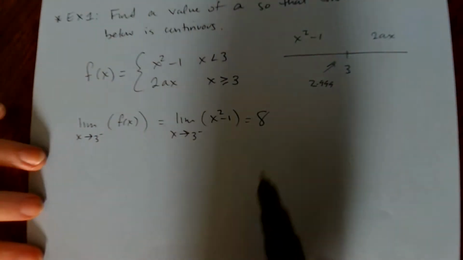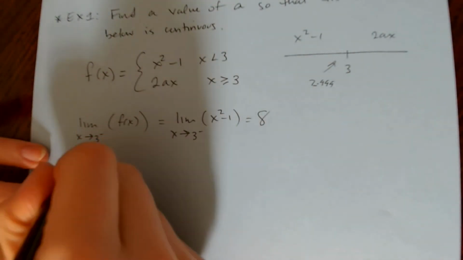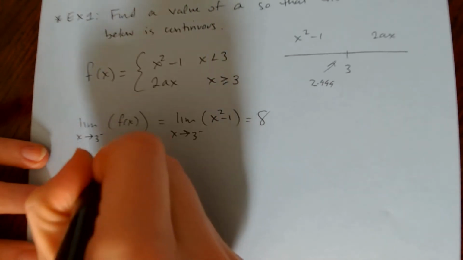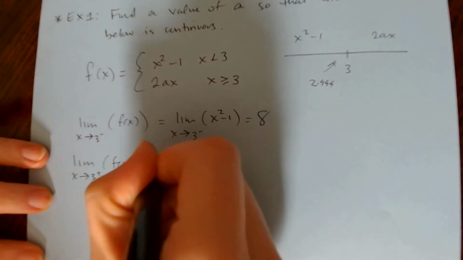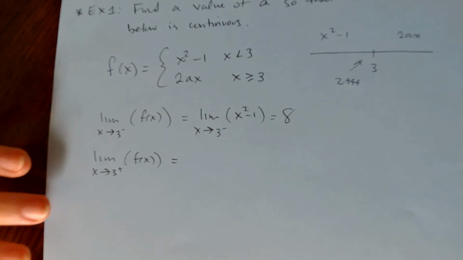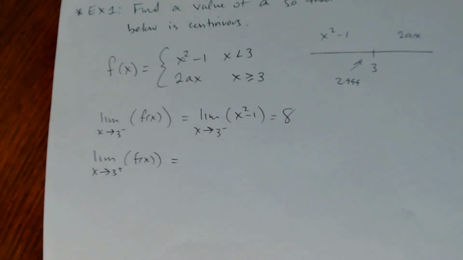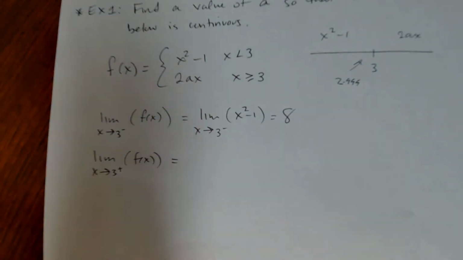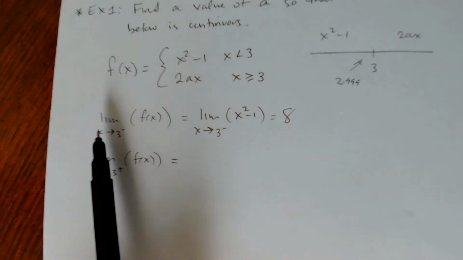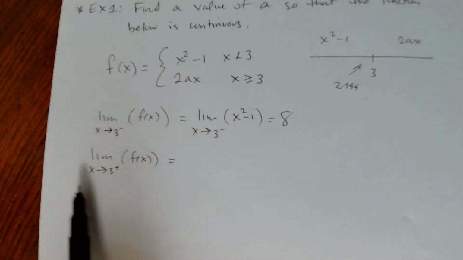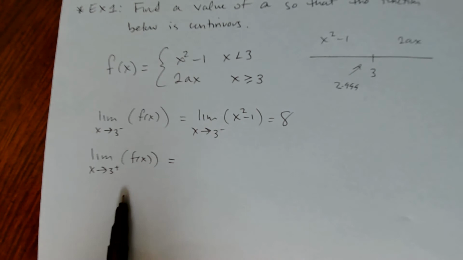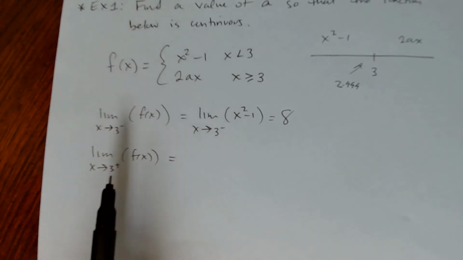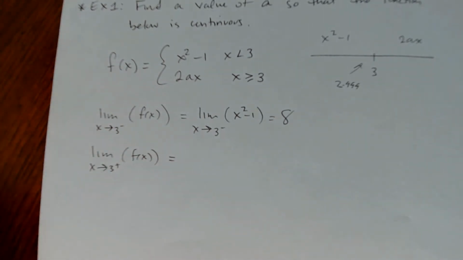All right. Now we'll do the limit as x approaches 3 from the right of f of x. And guys, when I say in the directions to use careful or precise notation, this is what I'm talking about. See how I'm writing this out so carefully. So that's what I mean when I say precise notation.